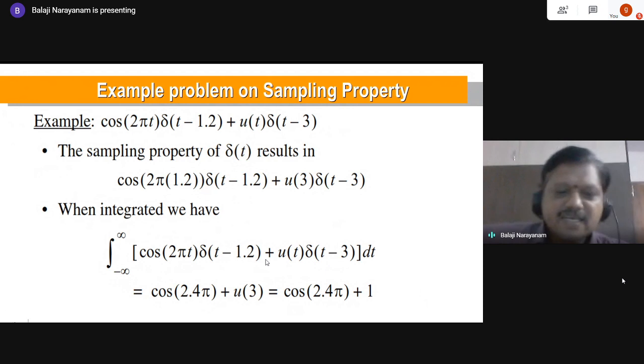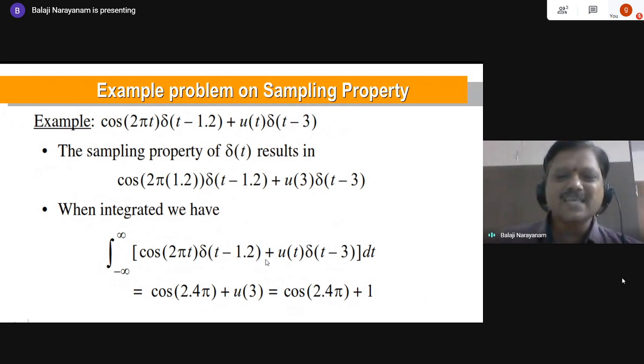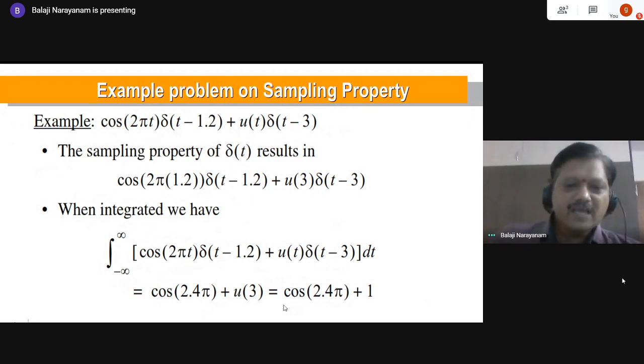As per the property, the integral from minus infinity to infinity of delta of t minus t1 is equal to unity, we may easily find the value of this integral as cos 2 pi, where t1 is substituted as 1.2. 2 multiplied with 1.2 will result in a value of 2.4 multiplied with pi, plus u of 3.